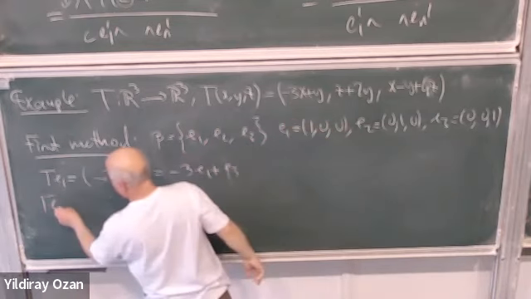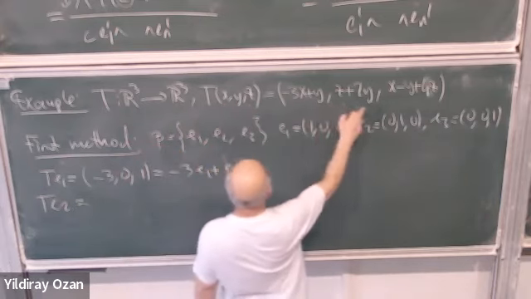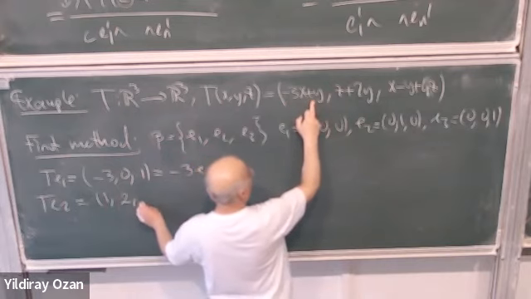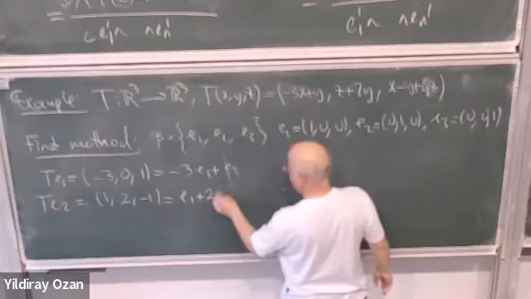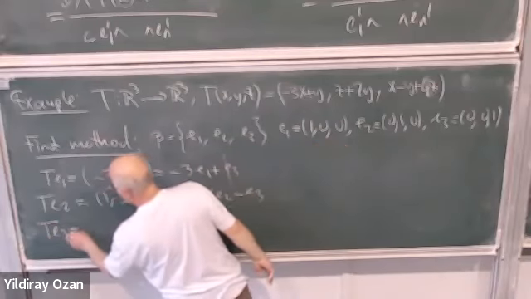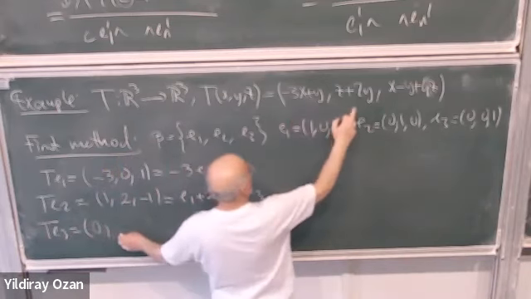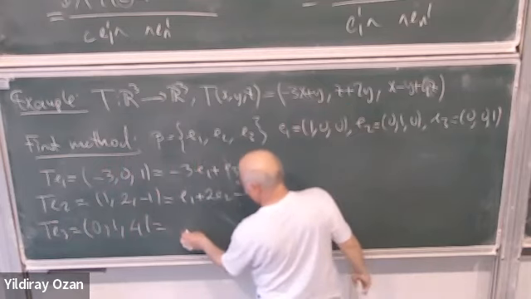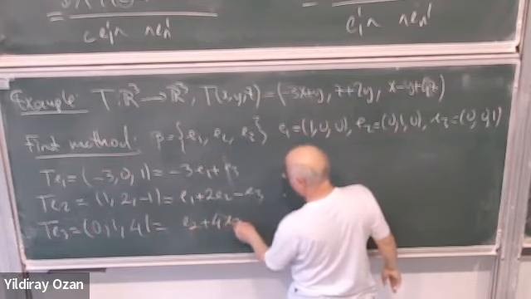What is TE2? 0, 1, 0. Yani 1, 2, eksi 1. Yani ne bu? E1 artı 2 E2, eksi E3. And TE3 is just 0, 1, 4. Yani E2 artı 4 tane E3.